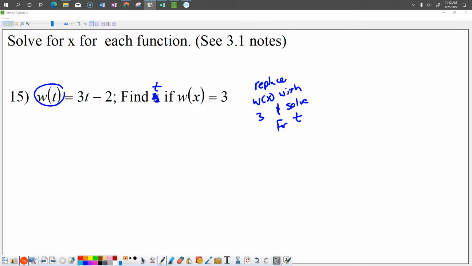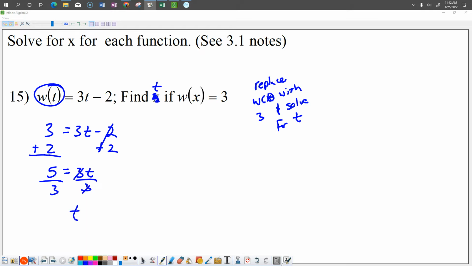So I'm going to replace this whole thing here, w of t, with 3, and then we solve for t. And there's that.